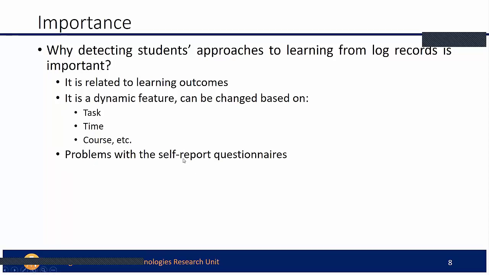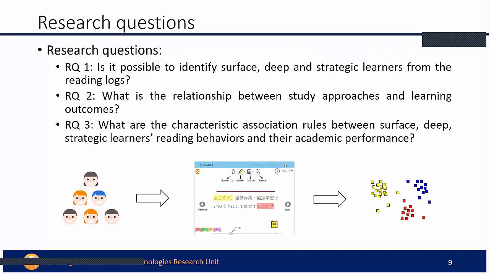There are also other problems with self-report questionnaires, as we all know, but because of this dynamic structure, we cannot use them all the time. It's not convenient to measure it. So if we can measure this from logs or other types of data, it can be good.